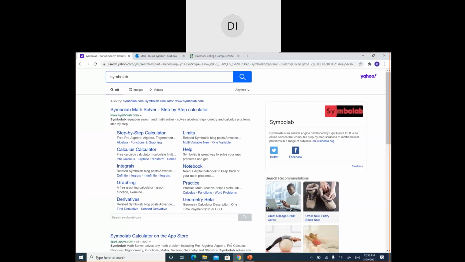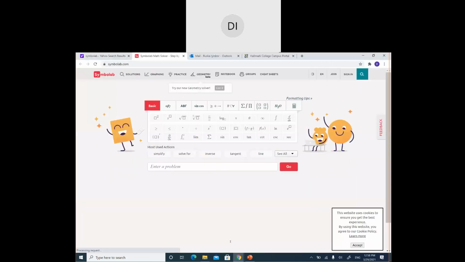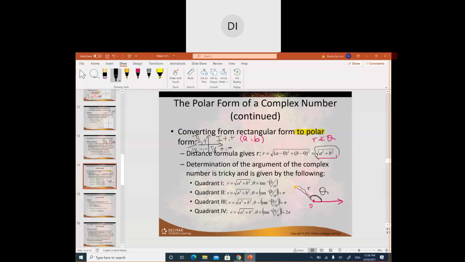You're going to enter tangent with exponent -1, exactly what it says here, and then you're going to put your two numbers, and it's going to give you the answer. And then you're going to add pi, or 2 pi, depending on which quadrant you are in.